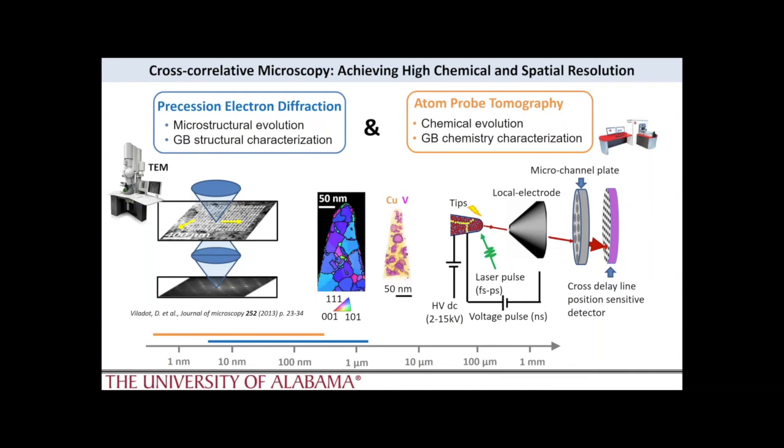And by its impact onto a detector, we're able to determine its XY location by back trajectorying where it came from. And by pulsing the sequence of events, we can then deduce the Z component. And so what we have then is a set of data that's the mass to charge or atom type, and then X, Y, and Z location. And then we can reconstruct that to identify where all the atoms are.